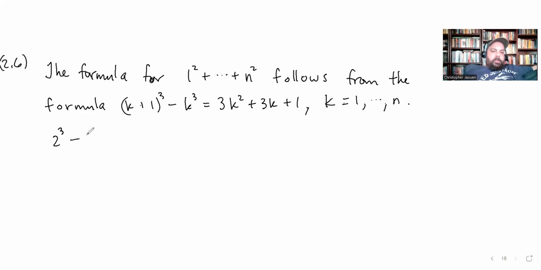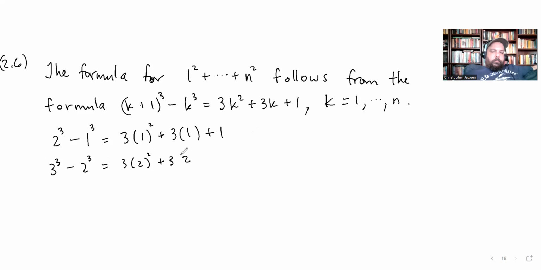So if you look at 2 cubed minus 1 cubed, 3 cubed minus 2 cubed, you can keep going until n plus 1 cubed minus n cubed, which gives you this.